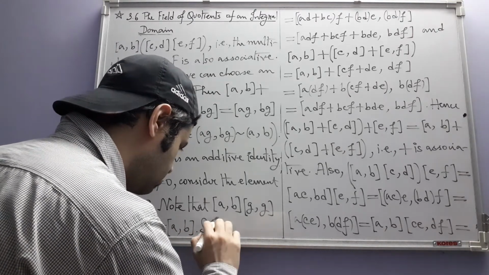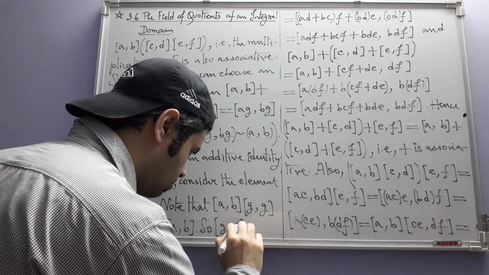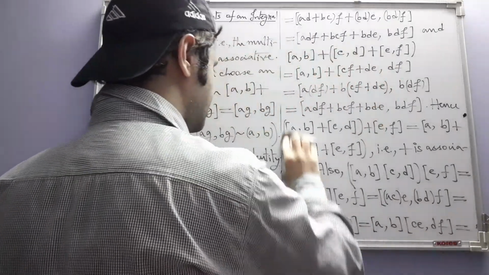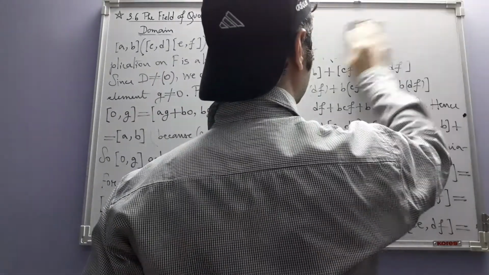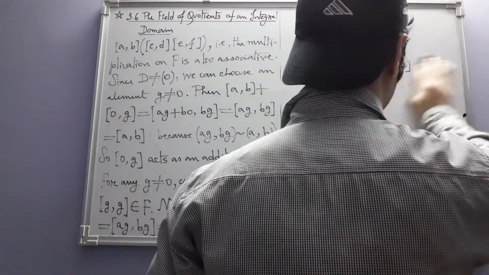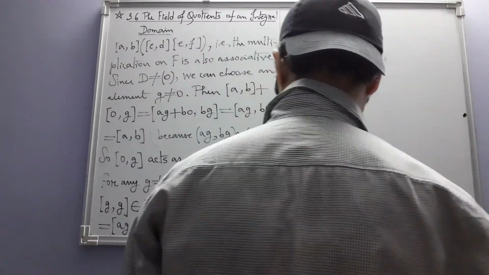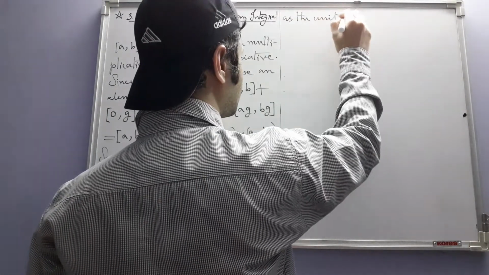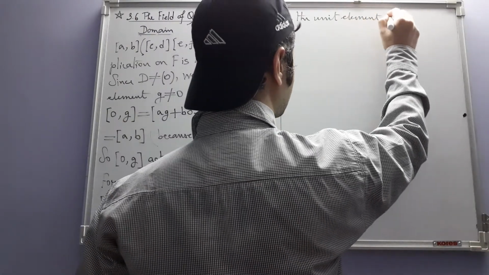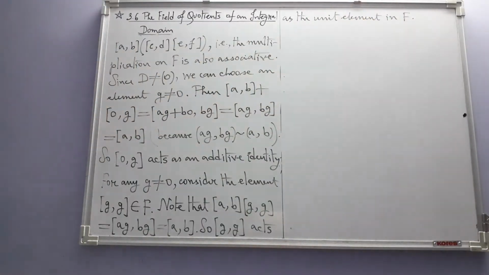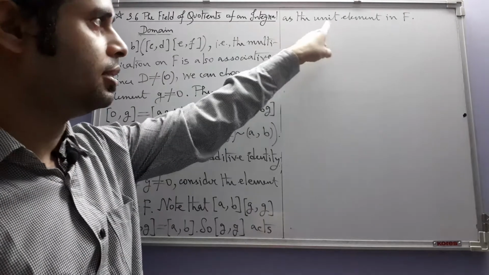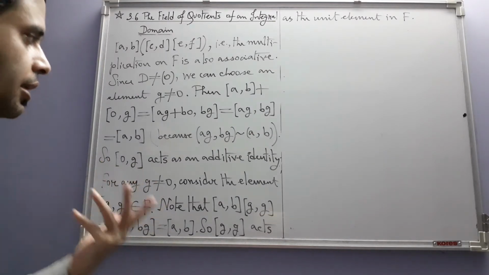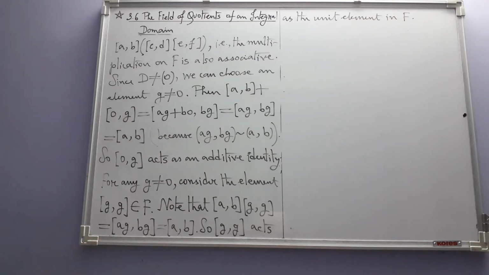So (g, g) acts as the unit element in F. We are writing the unit element because we have in fact shown that if there is a unit element, then it will be unique in a ring.